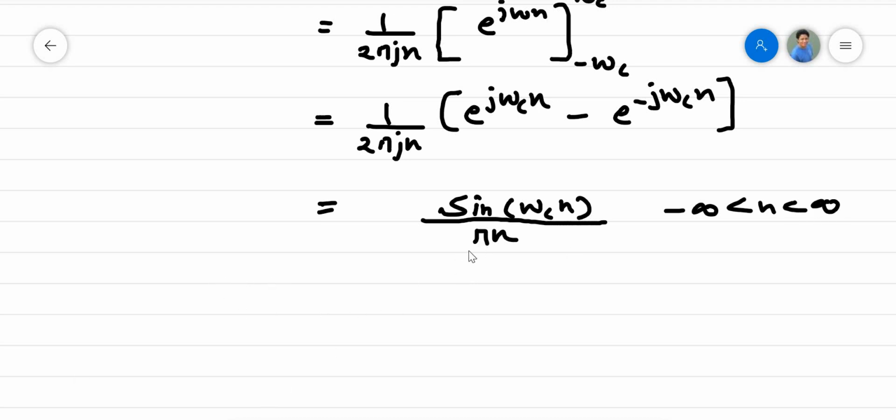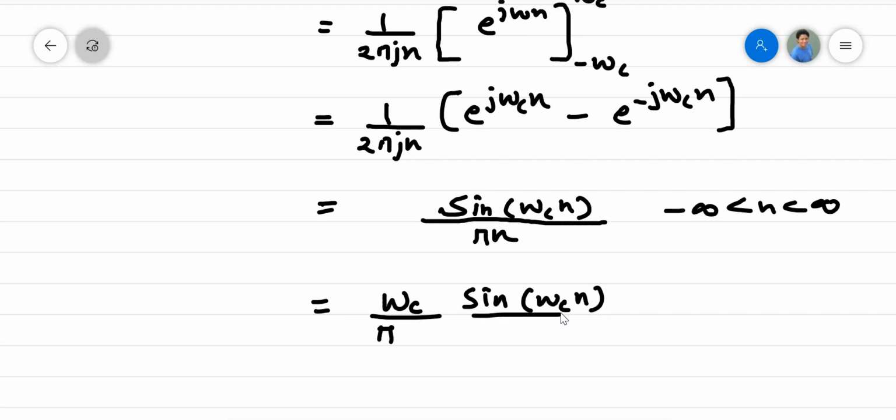Then if we multiply this complete equation with omega c at the numerator and denominator, it will be omega c over pi and sine of omega c n over omega c n, again from minus infinity to infinity.